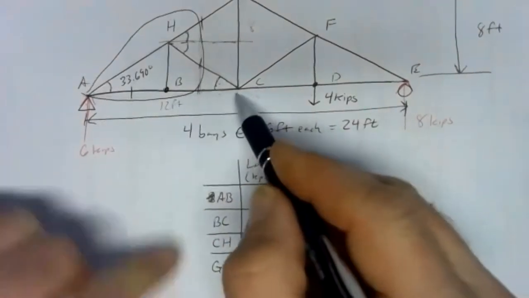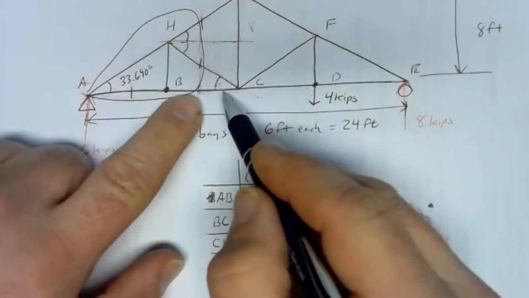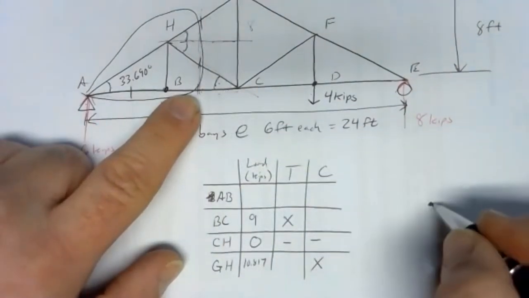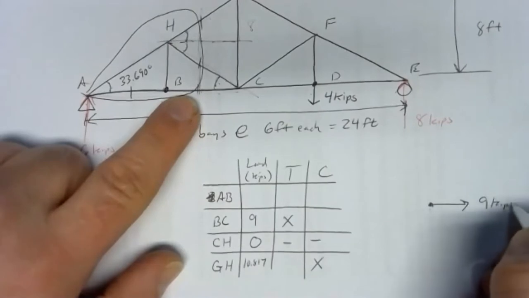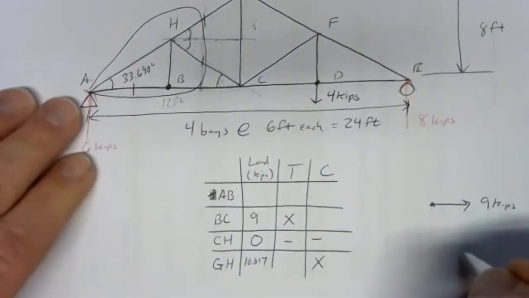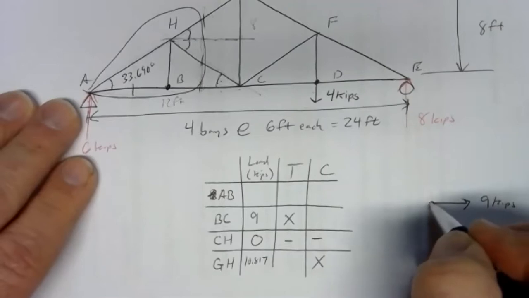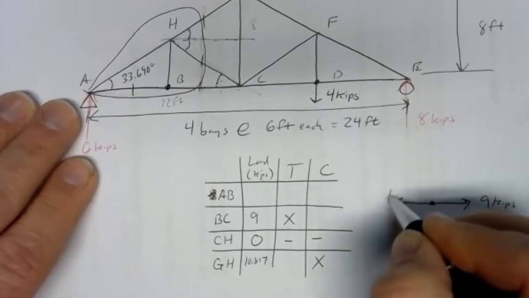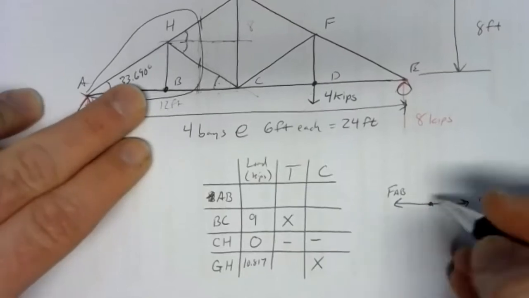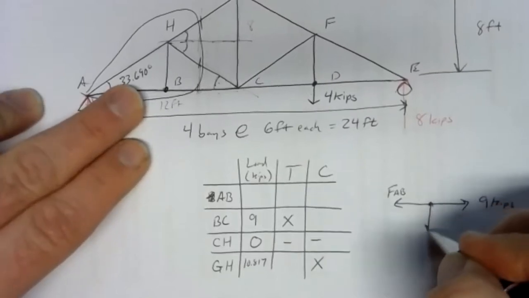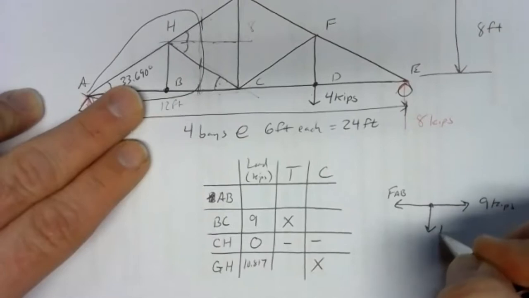So member BC, if that's in tension, is trying to pull joints B and C closer together. So joint B is pulled to the right with 9 kips. That gives us a pretty good guess as to the direction of member AB. And then we've got BH, which is a toss-up, so we could draw it up or down. I'm going to draw it down.